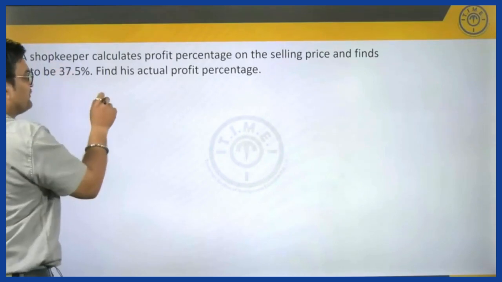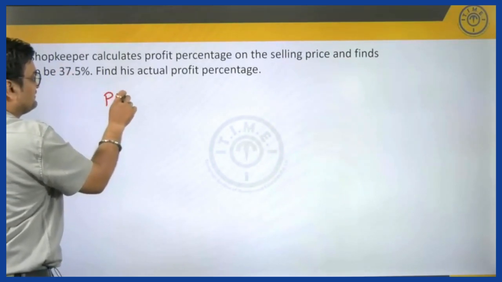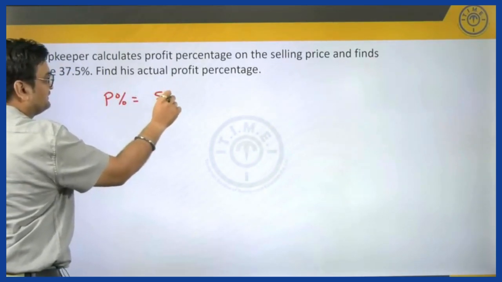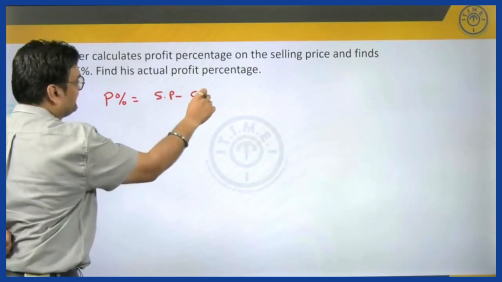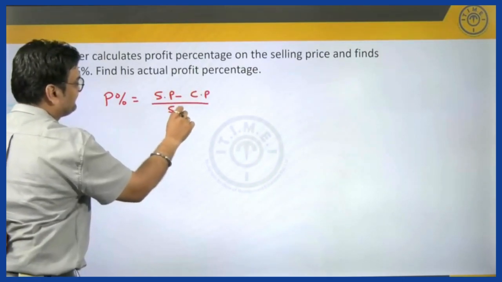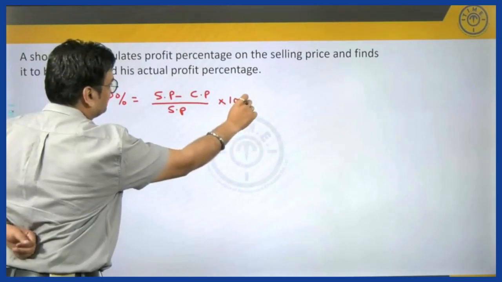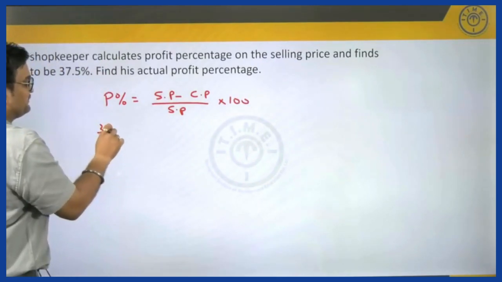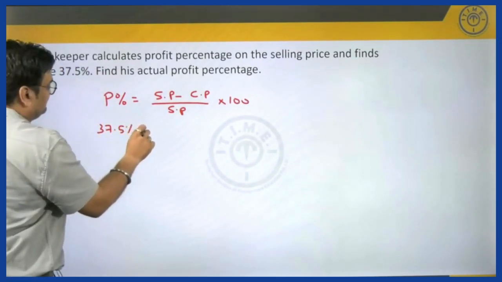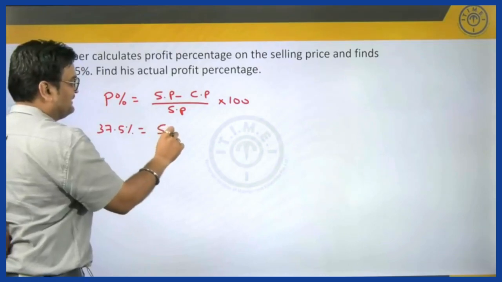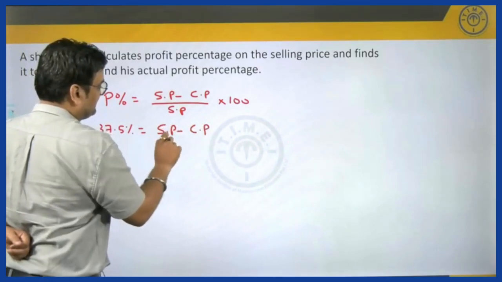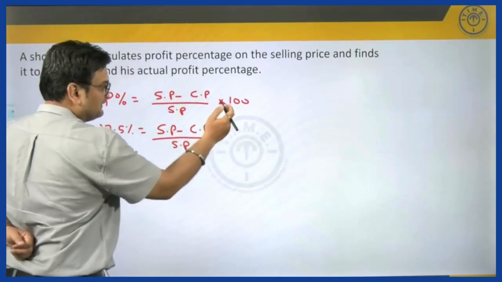So how did the shopkeeper calculate the profit percentage? The profit percentage is profit upon not CP but SP into 100. And how much did he find it to be? 37.5. So this is nothing but SP minus CP upon SP, into 100.